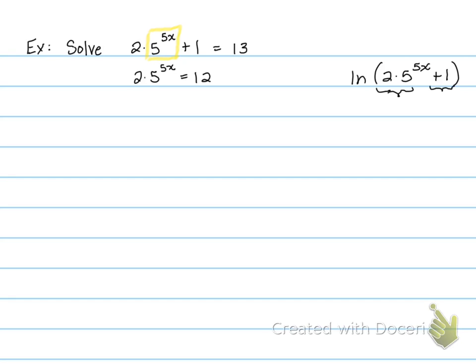The only rule we have involving addition is when we have addition between two natural logs. So bringing that 1 over is essential for solving this equation. If you don't do it, it's actually impossible to solve the equation correctly.